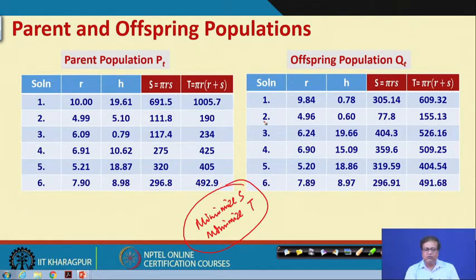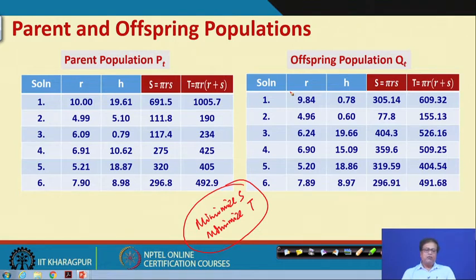Through the crossover and mutation, we have got the offspring population, and we have listed the S and T for the parent and S and T for the offspring with a purpose of minimize S and minimize T. Now, recall that the total population we have now is 12 strings. If we call them strings or chromosomes, and again another set of strings or chromosomes for offspring, a total of 12 strings are with us.